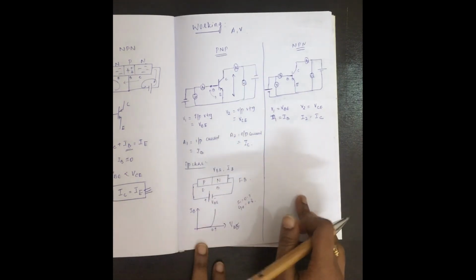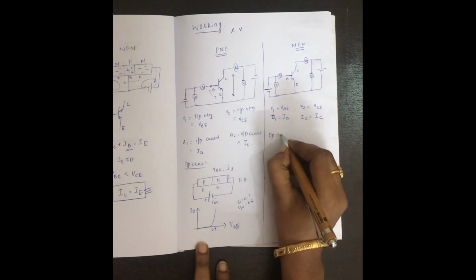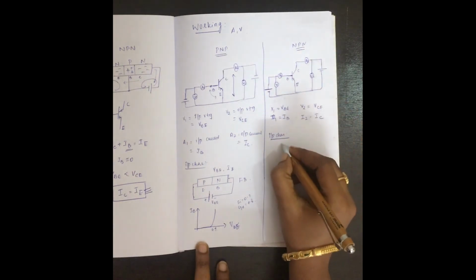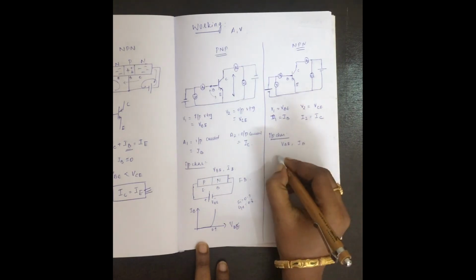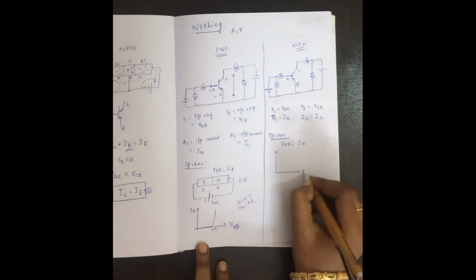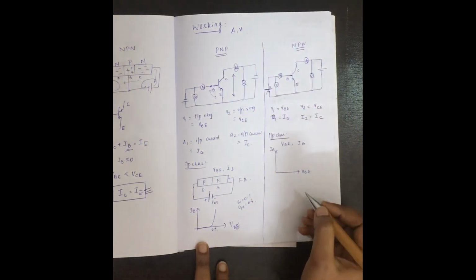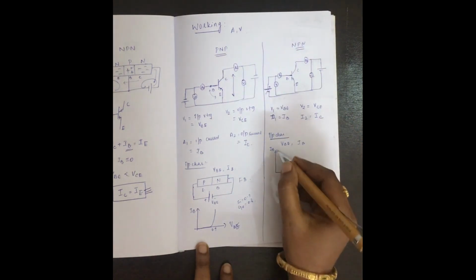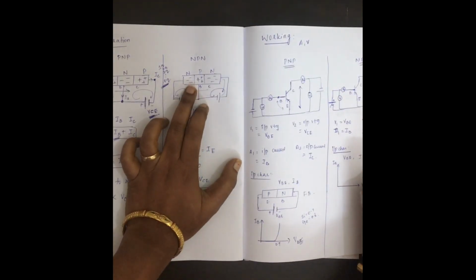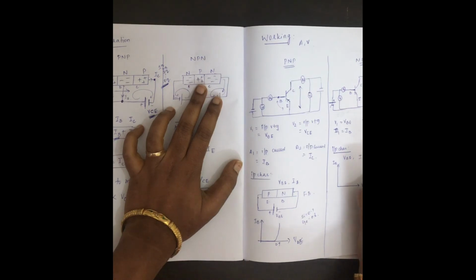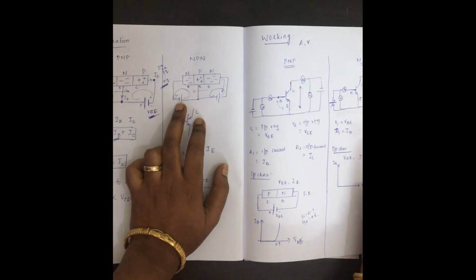The input characteristics will also remain the same. If you are drawing the input characteristics, we have to draw across VBE, the input voltage, and the input current IB. So if you are increasing this voltage, again if you see, this is N and this is P. N is connected to negative and P is connected to positive.